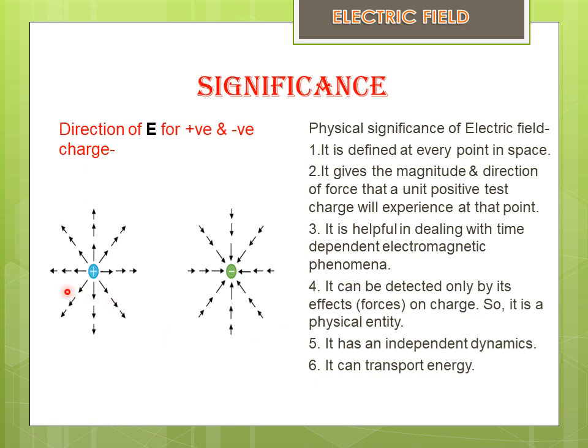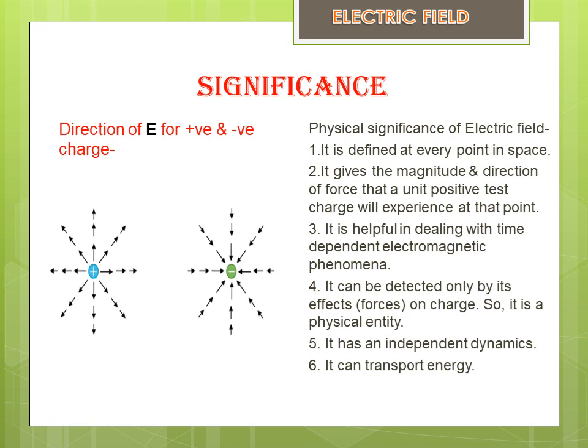Here, the direction of electric field for a positive charge is radially outward, and at different points, the electric field will differ. For the negative charge, the direction of electric field is radially inward.